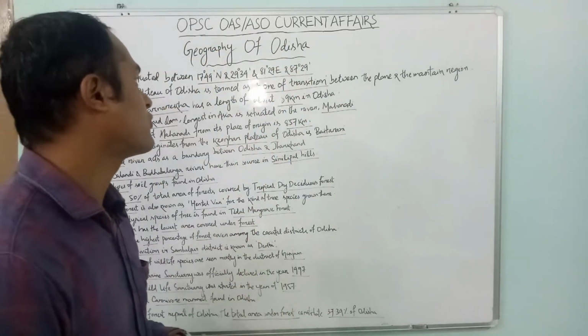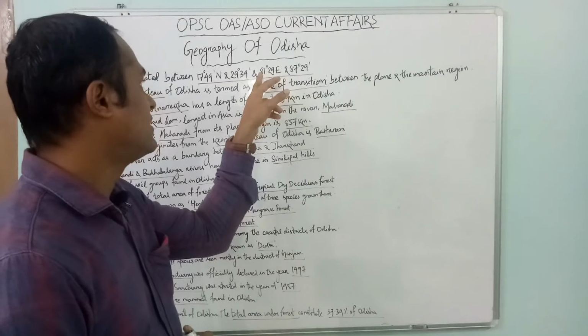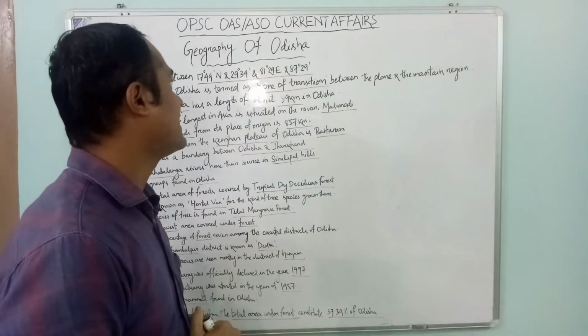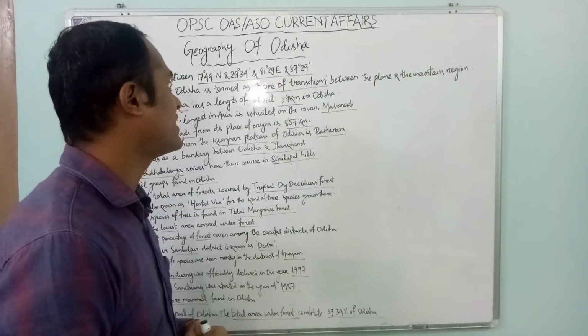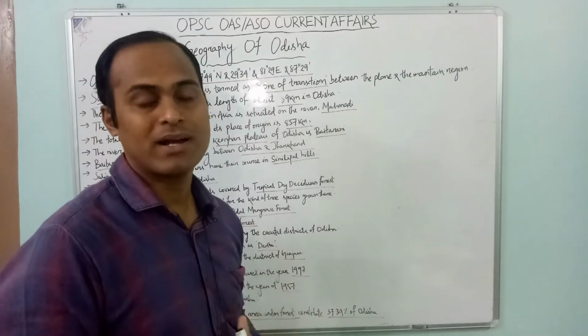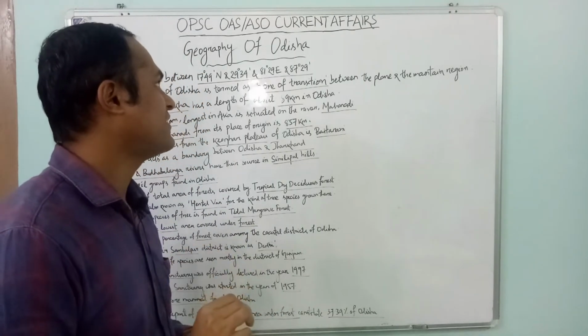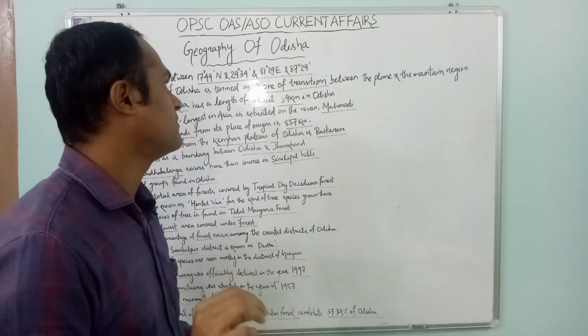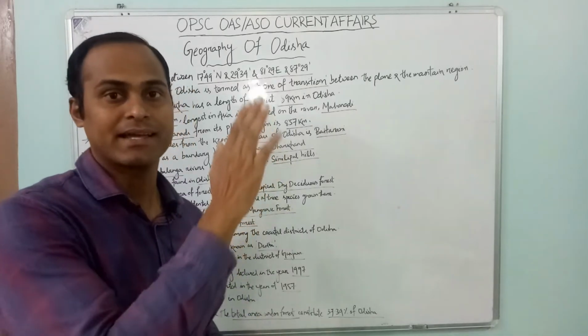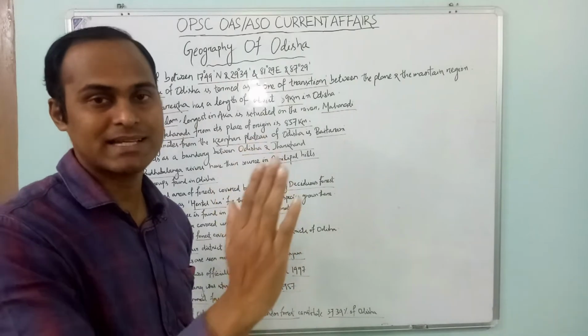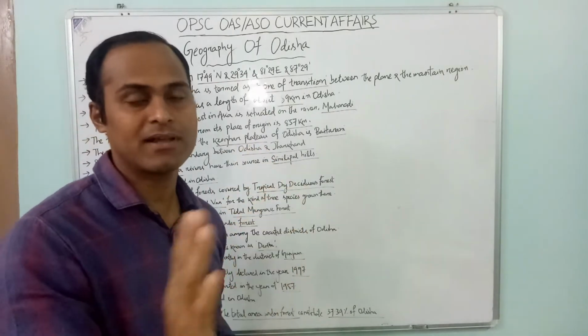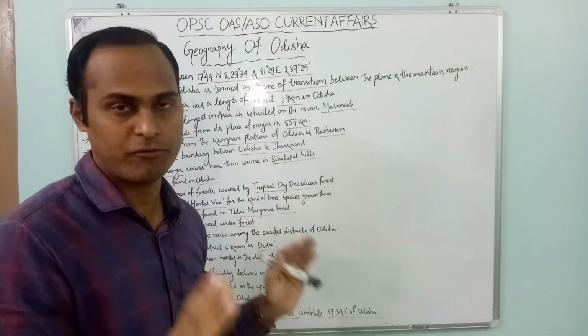Then coming to longitude, it is about 81 degree 29 minute east to 87 degree 29 minute east. This is the east-west spread of Odisha.